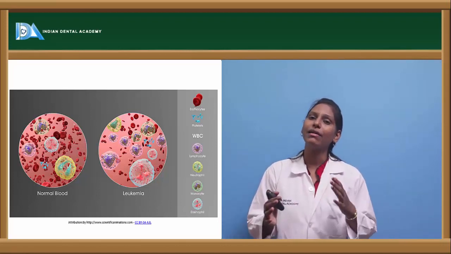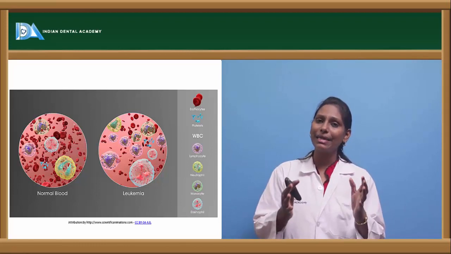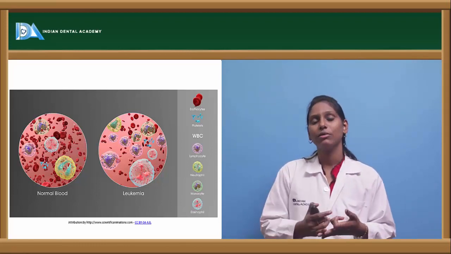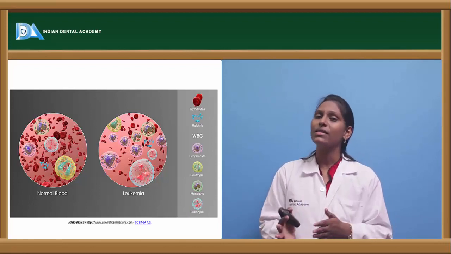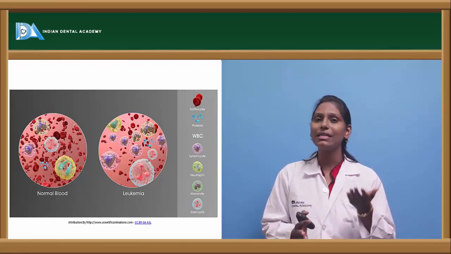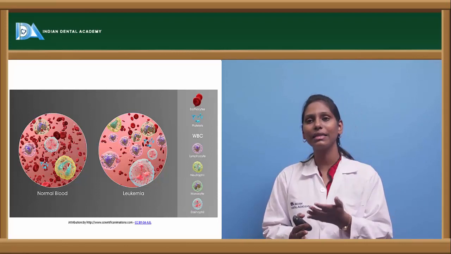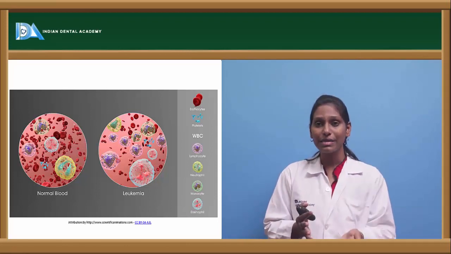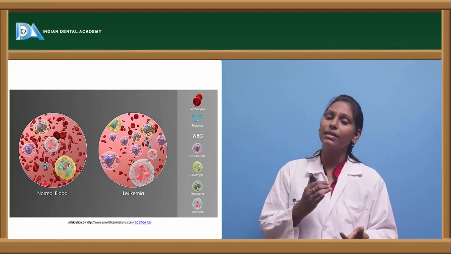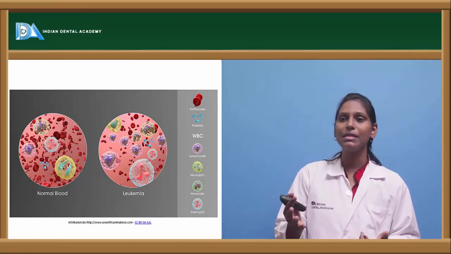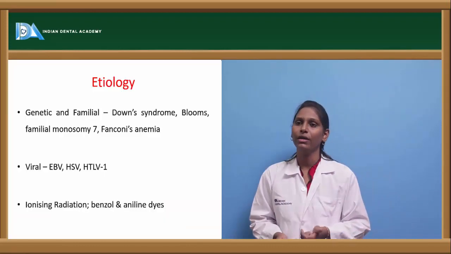In the normal blood, all the proportions are maintained: the platelets, the WBC count, and the RBC count are within normal limits. Whereas in leukemia, because of the increased WBC count, the RBCs and megakaryocytes are suppressed and crowded out.